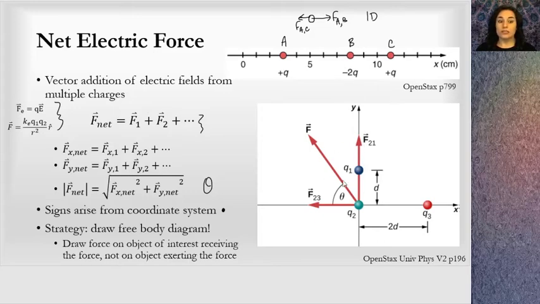In a 2D situation, and I pulled this from the University Physics Volume 2 text, I can see that the forces here are drawn, and you can see how they're labeled, and that's consistent with how I've labeled up here. This force here is the force on 2 from 3. So when I look at charge 2 here, charge 3 is over here, and it's repelling it in this direction.